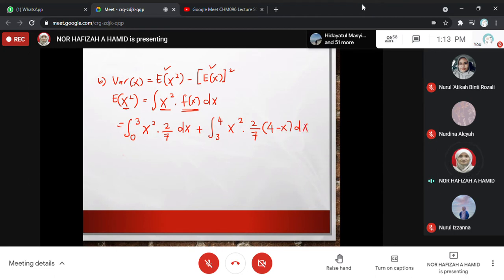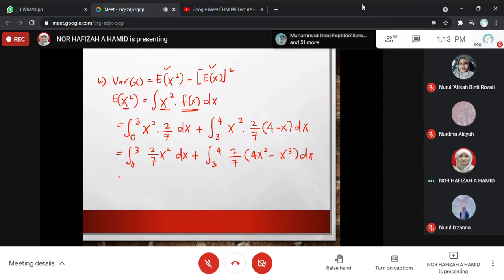Okay, so equal to, expand: 0 until 3, you have 2 over 7 x square, plus with limit 3 until 4, you have 2 over 7, 4x square minus with x cube dx.